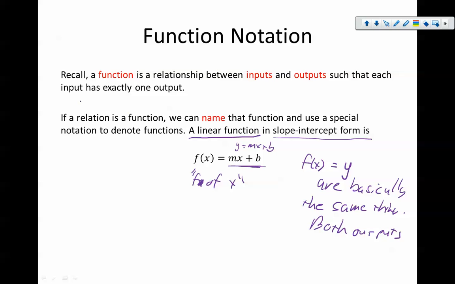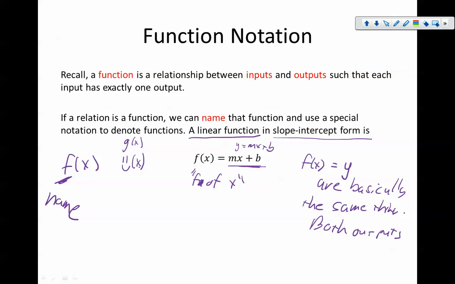All right. This f of x, this f part is just the name. It is the name of it. This is a function named f. We could just as easily write g of x, and it would be the function named g. I could also write smiley face of x. It doesn't matter.